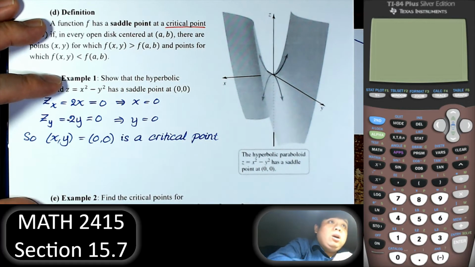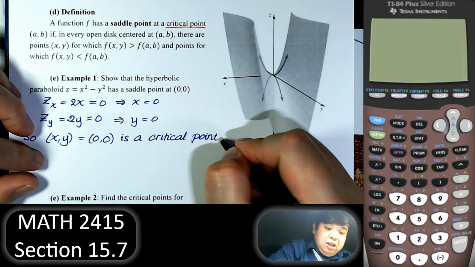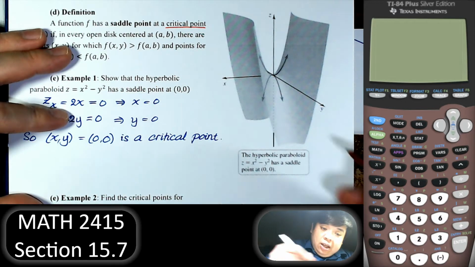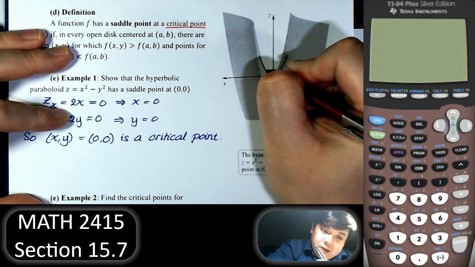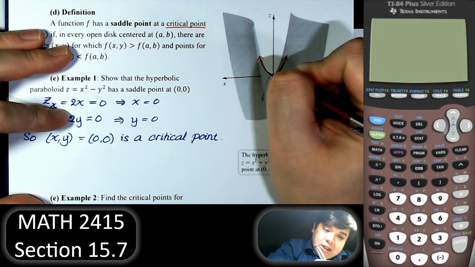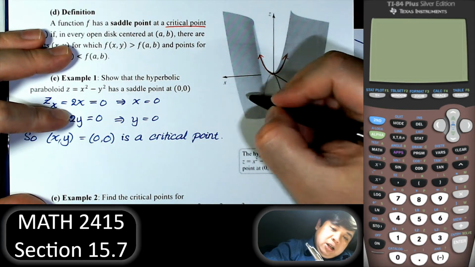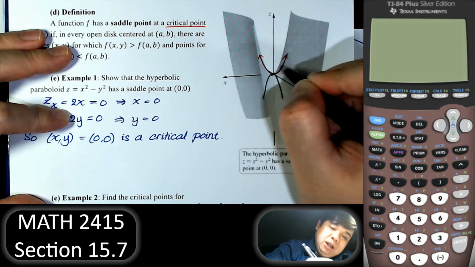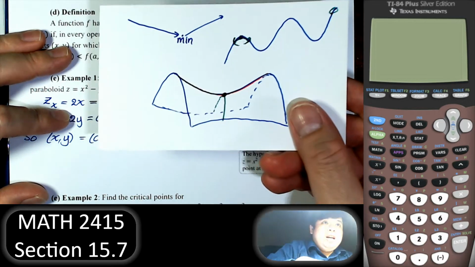But at this point, it's difficult to determine if it is a saddle or not. We just say in one direction this is the minimum, and in the other direction it is the maximum, just like the saddle we have here.